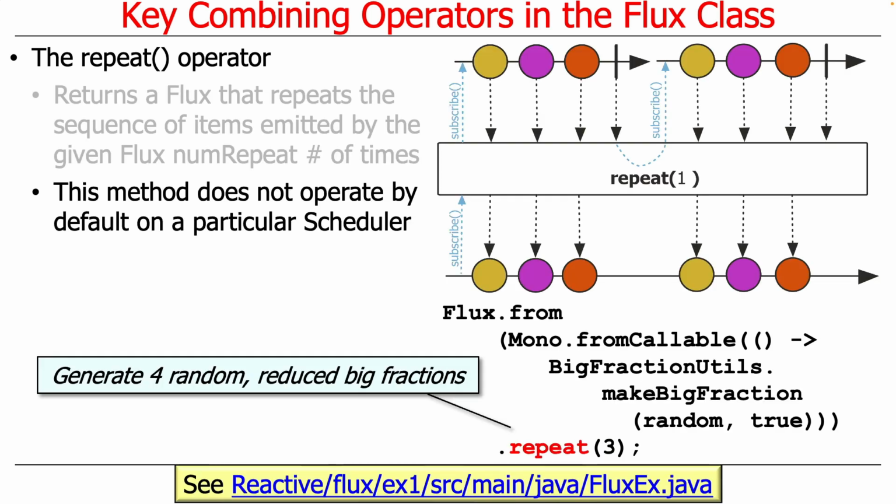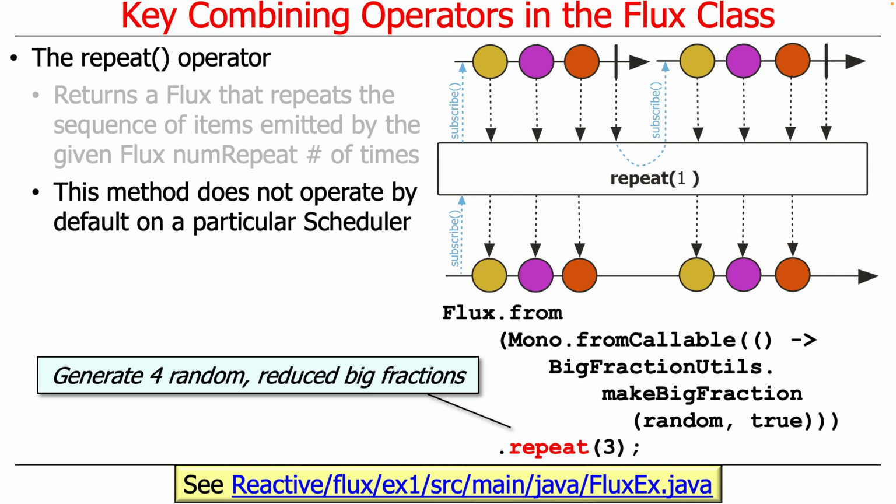So let's take a look at an example and see why you would ever want to do something crazy like this. Here's what we're going to do. We are going to use the from method. Remember, from is a lazily processed method that will not be done at assembly time. It'll be done at runtime when someone subscribes. What we're going to have from do is make a random BigFraction.